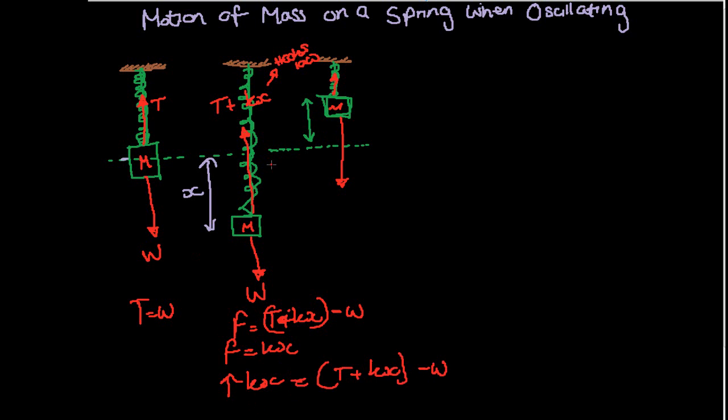And when it's gone up, let me use a different color, this would be x. It would be tension minus kx because it's going up, and weight.